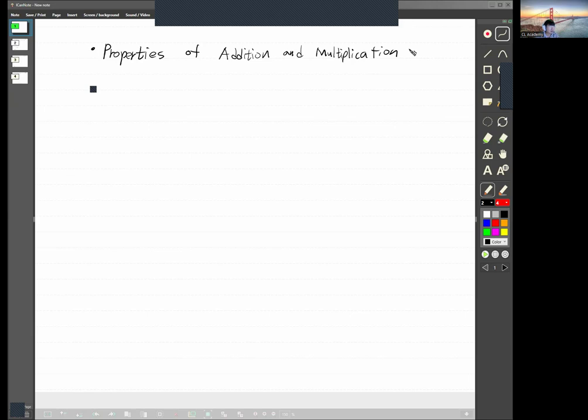Properties of addition and multiplication. The first one is called the commutative property. The commutative property means that you can switch, for example, A plus B is the same as B plus A, or A times B is the same as B times A.